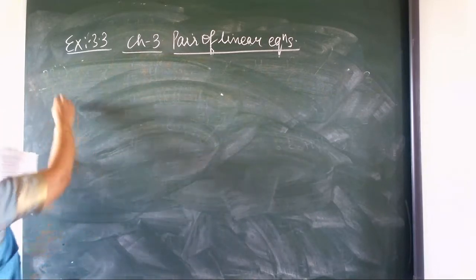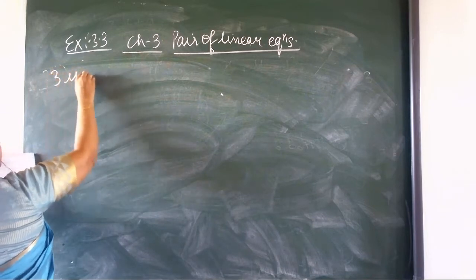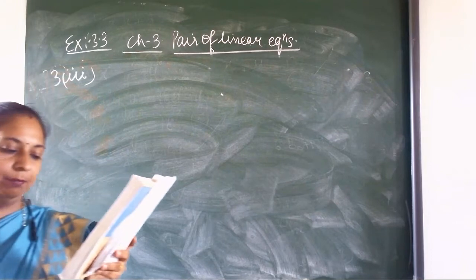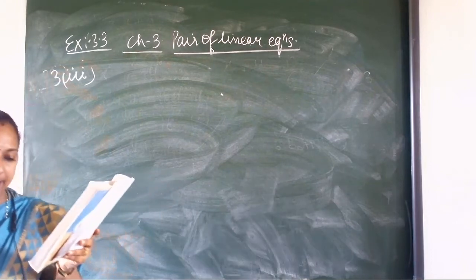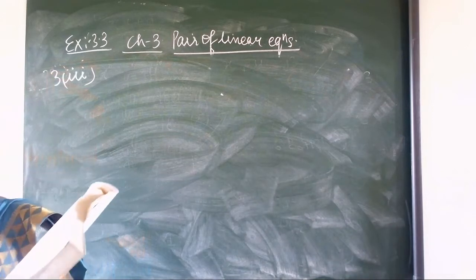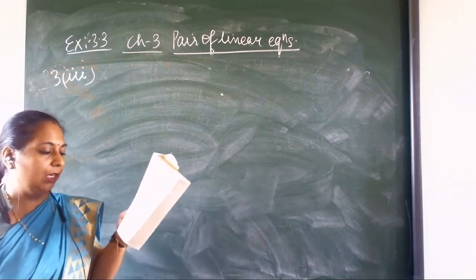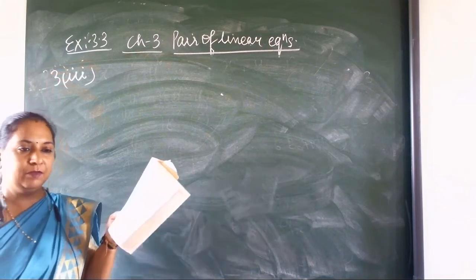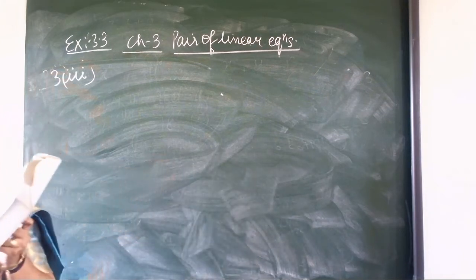Third, the coach of a cricket team buys 7 bats and 6 balls for rupees 3,800. Later, she buys 3 bats and 5 balls for rupees 1,715.